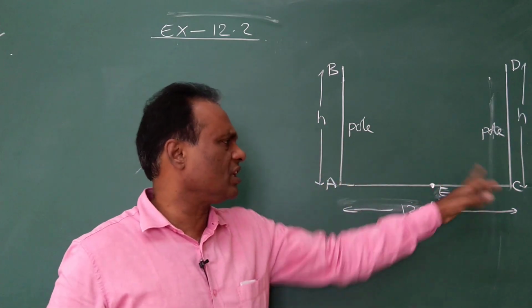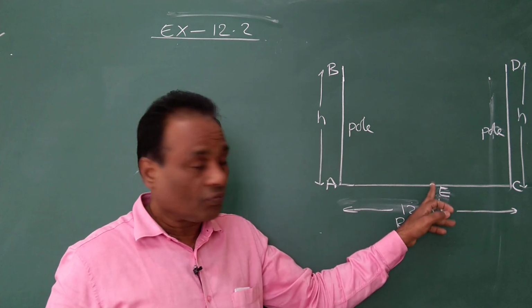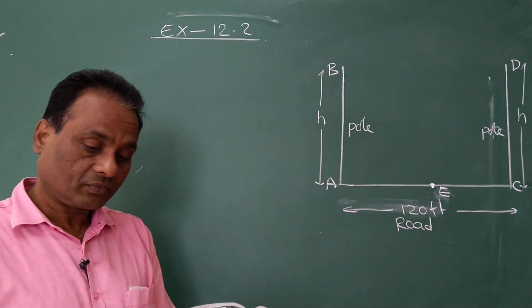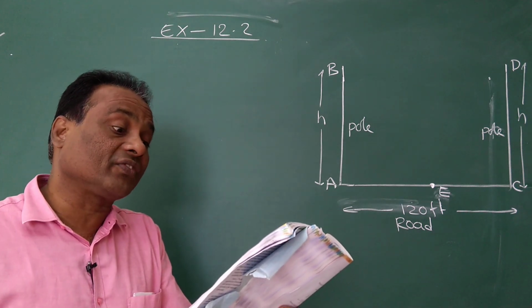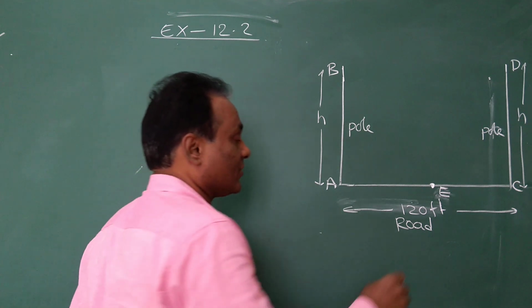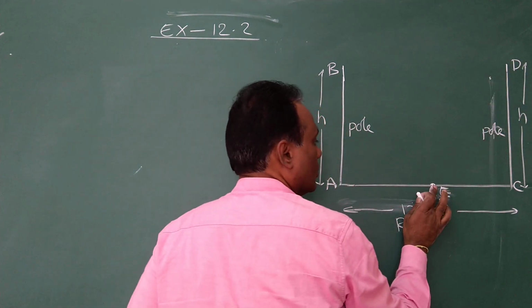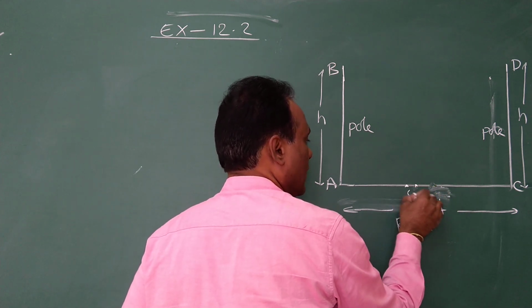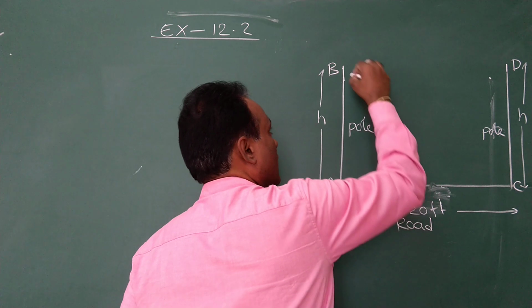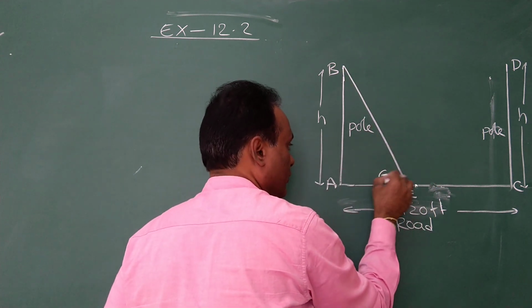Somewhere in between these two poles, we are standing here. From this point, the angles of elevation of the tops of the poles are 60 degrees and 30 degrees. From this point we observe this first pole, say 60 degrees.